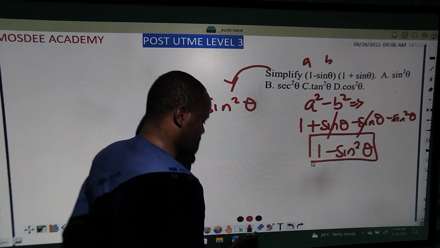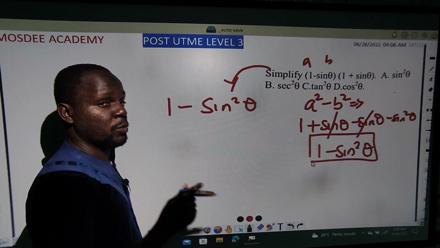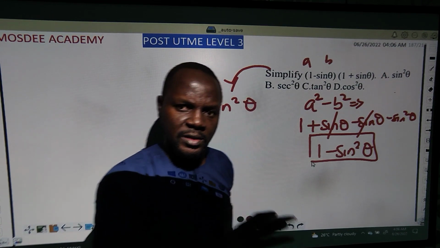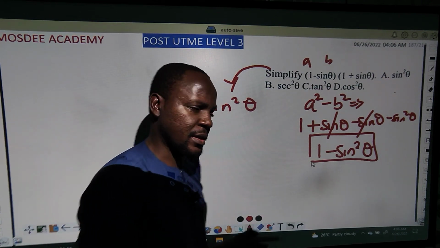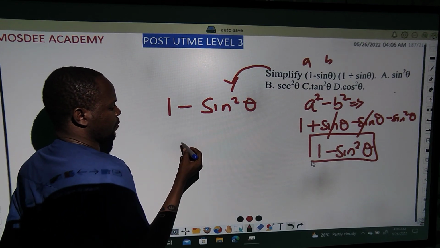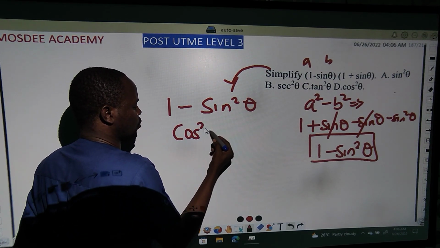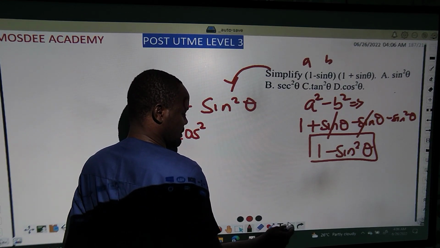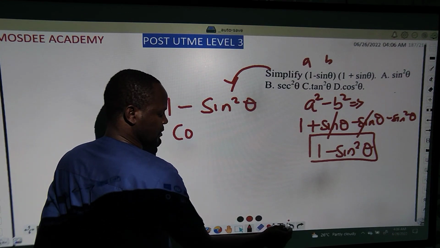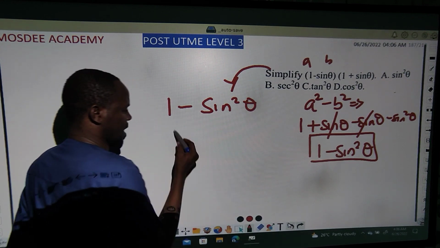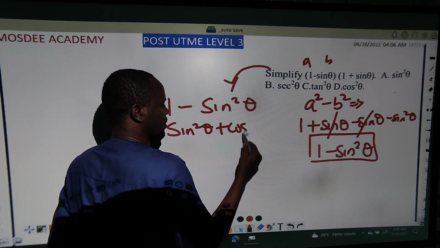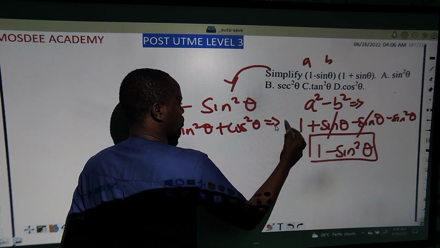They want to test your trigonometric identities, and that is what most level 3 questions focus on: trigonometric identities, binary operations, and stuff like that. So from your knowledge of other classes, sine squared theta plus cos squared theta is equal to 1.